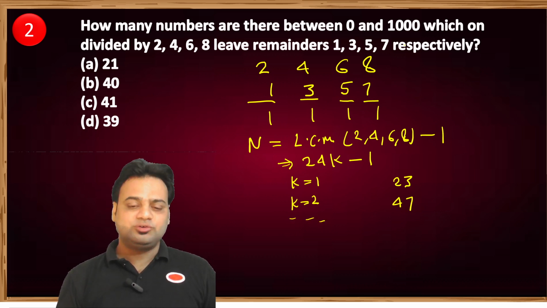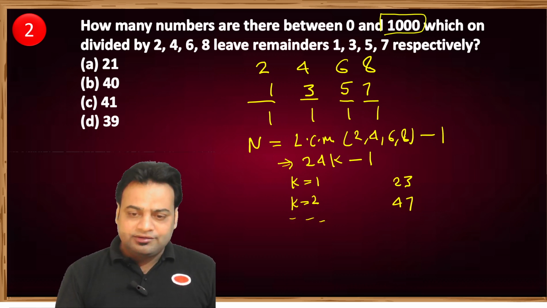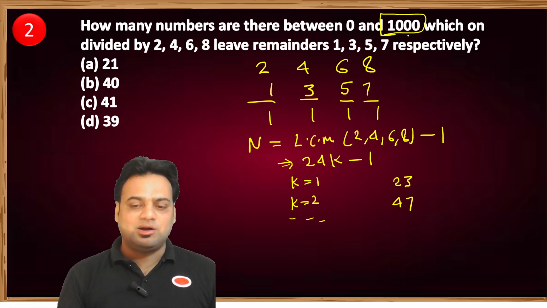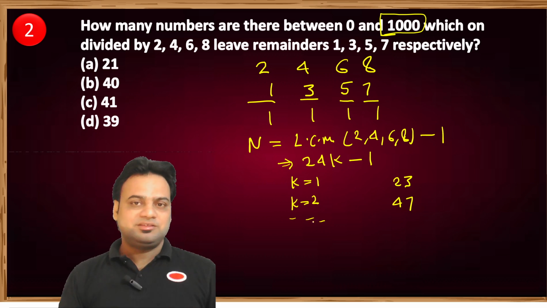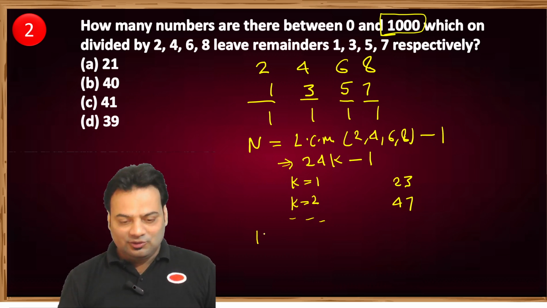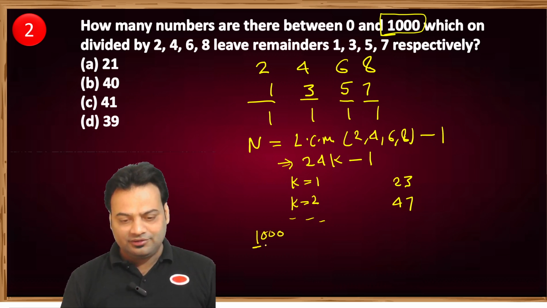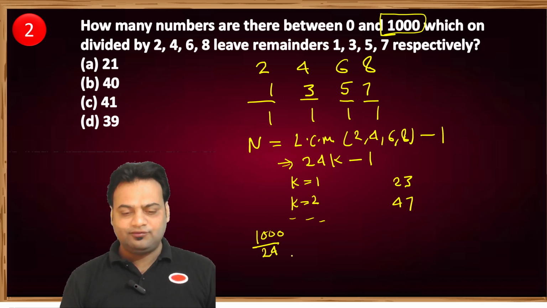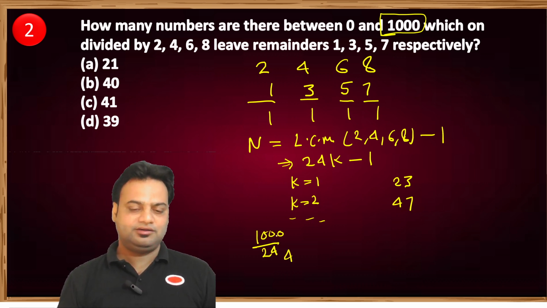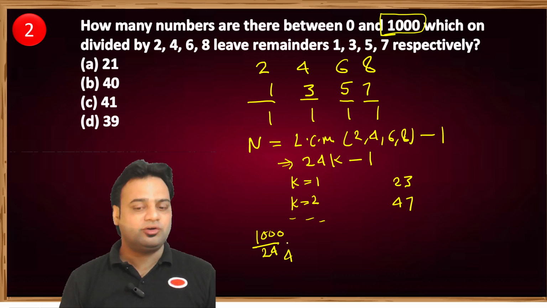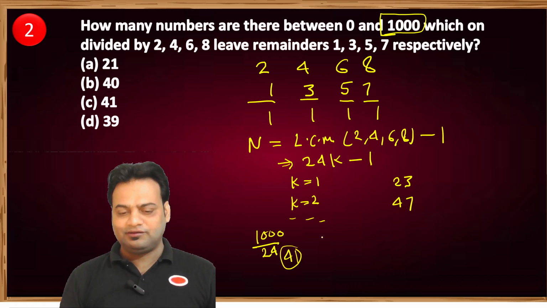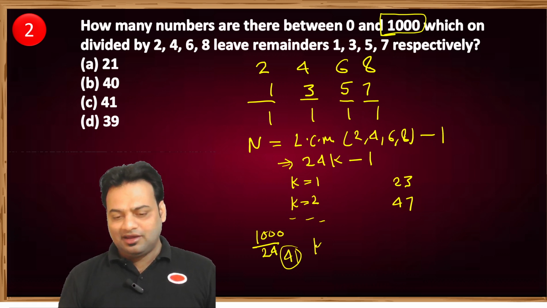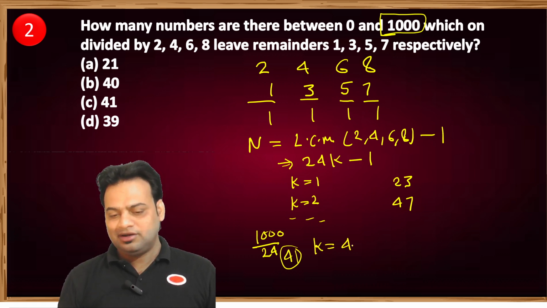So you check what the maximum value of k can be which gives a result less than 1000. You divide 1000 by 24, and you get 41. So k goes from 1 up to 41, and the last value is 41.